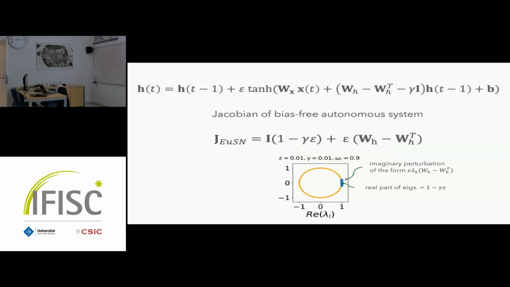And so visualizing, this is what you have. You will have a focus of the eigenvalues around the point 1 minus gamma epsilon, depending on the value of gamma and epsilon, but typically very small. It will be very close to 1, exactly 1, not the circle, but 1, with some perturbation on the vertical axis, on the imaginary axis.